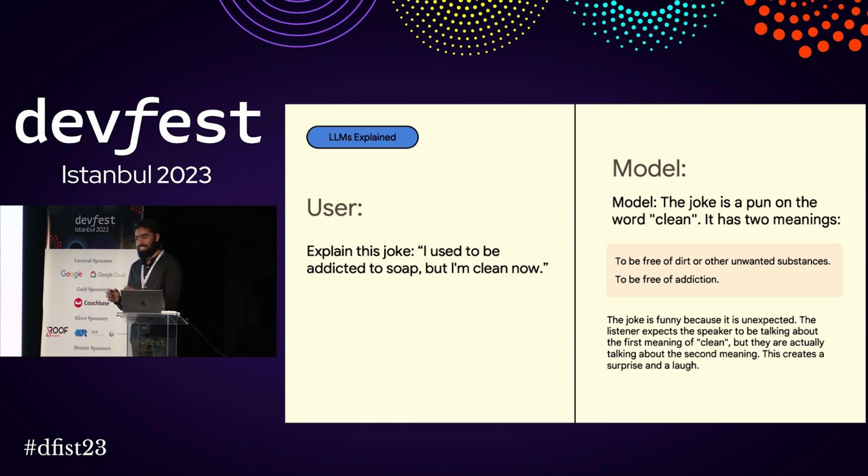Anyways, whether you understand it or not, the large language model is able to comprehend. So this is a simple dad joke, and if you pass this to a model and ask it to explain what is in the joke, it is able to comprehend the logic behind how it is the way it is.